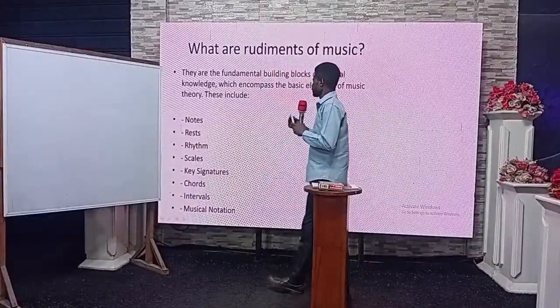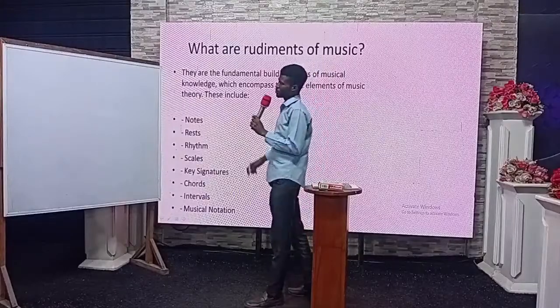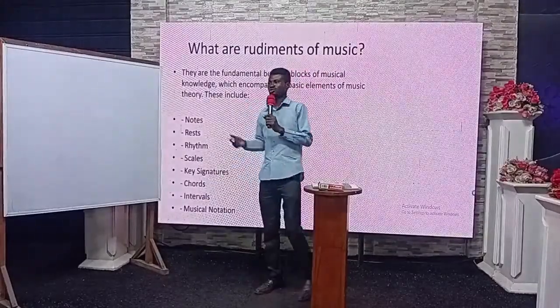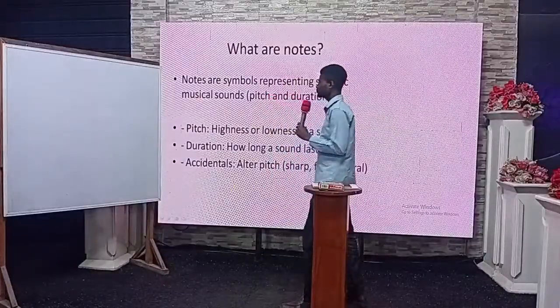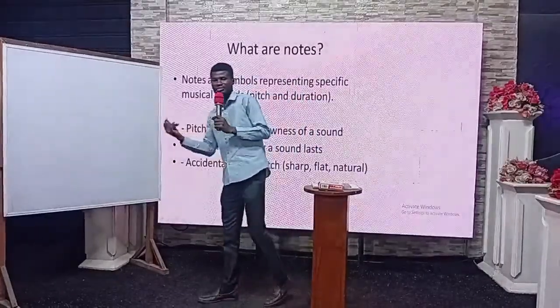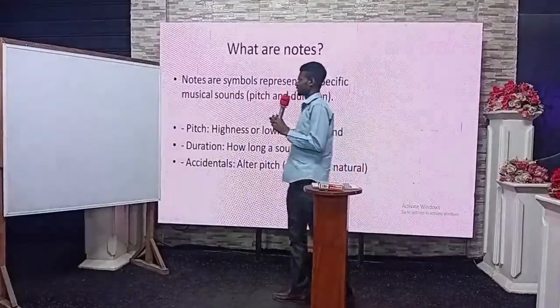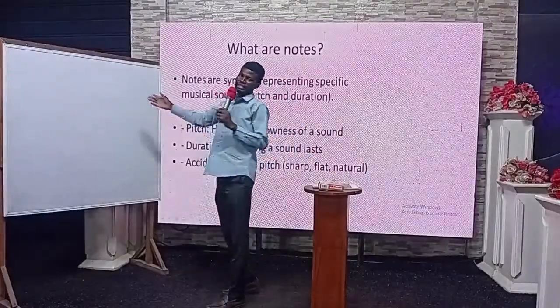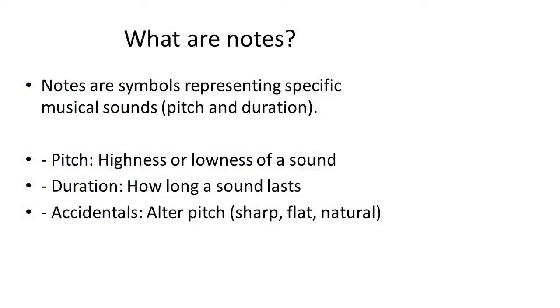Now, I will start with notes. Notes in music can be likened to the letters of the alphabet. What do I mean by that? We have A, B, C, D, E, F, G, up to Z as the letters of the English alphabet.